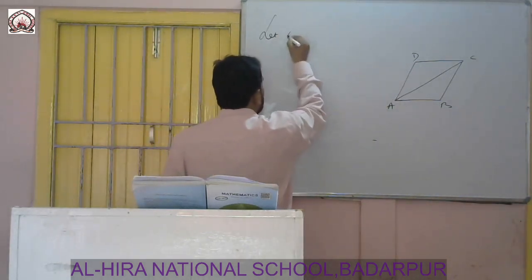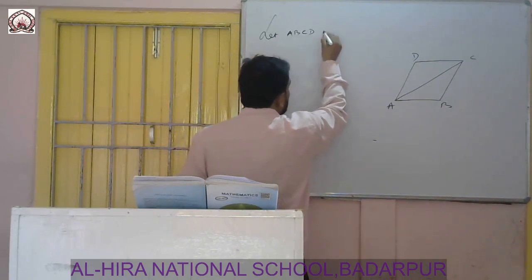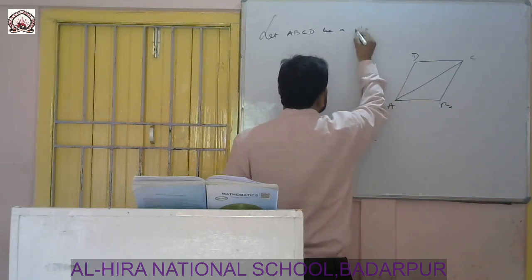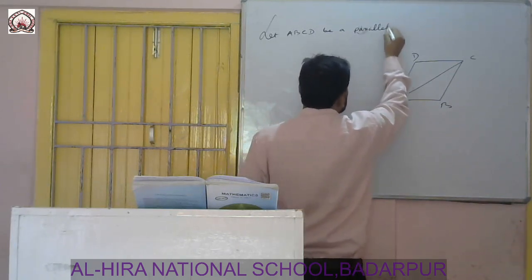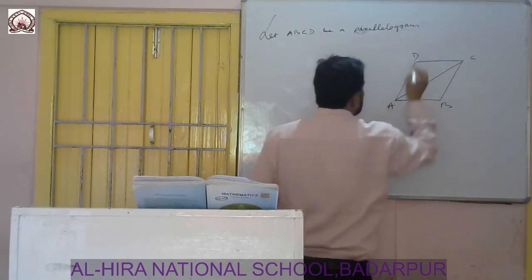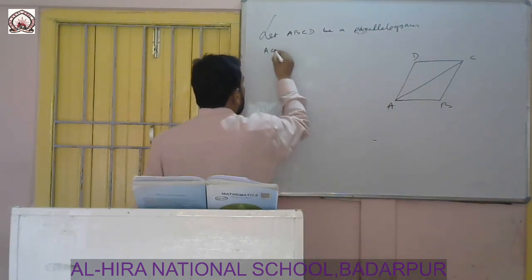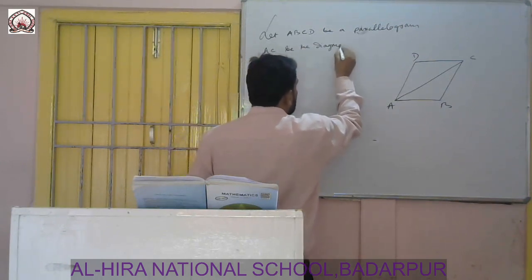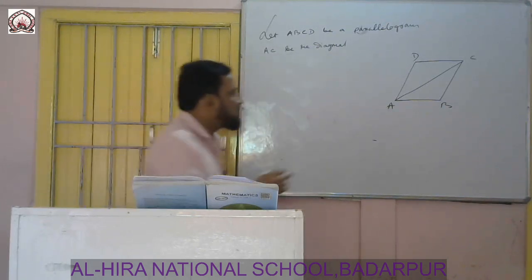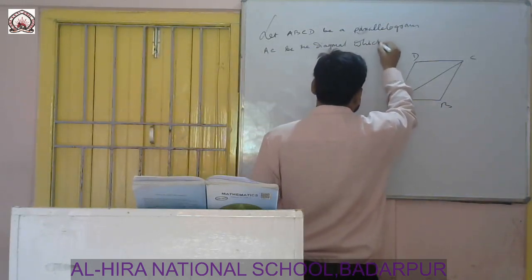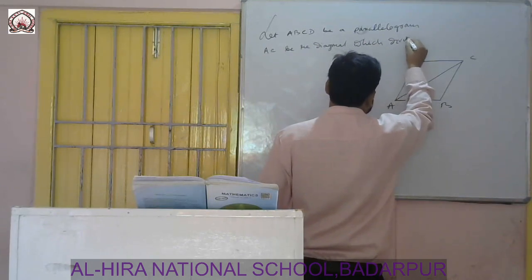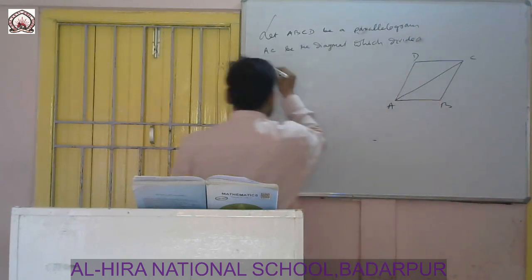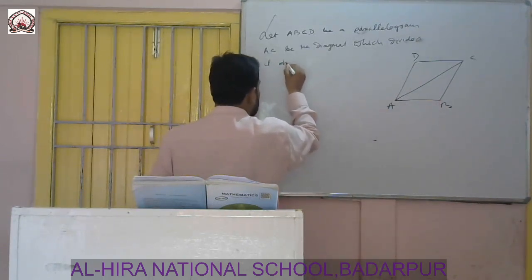Let ABCD be a parallelogram, and AC be the diagonal which divides it into 2 triangles.